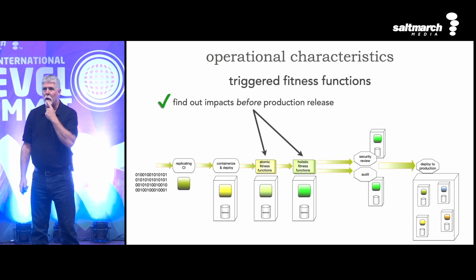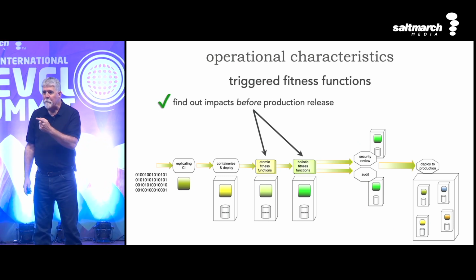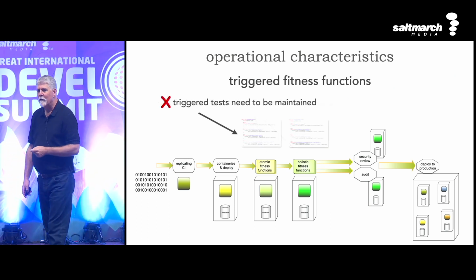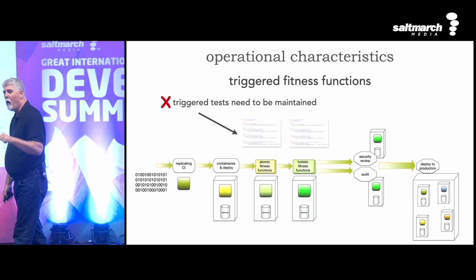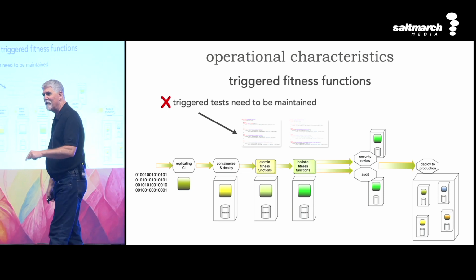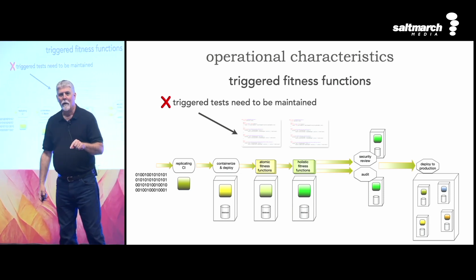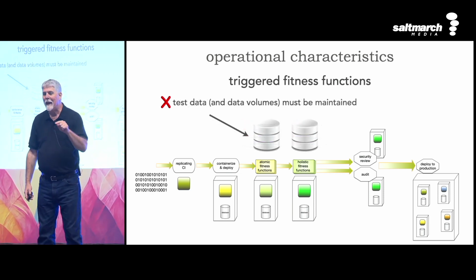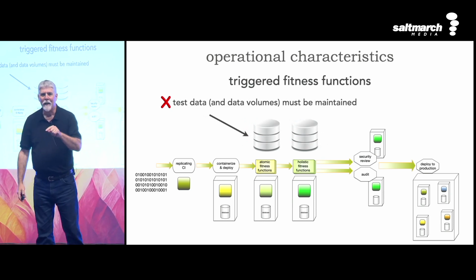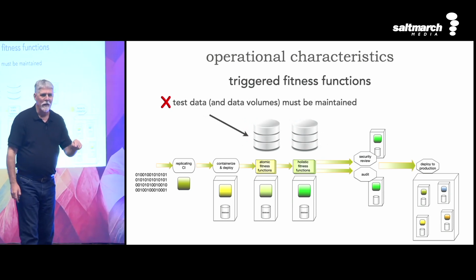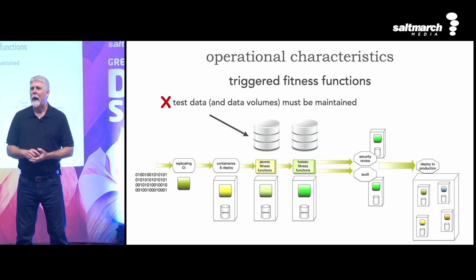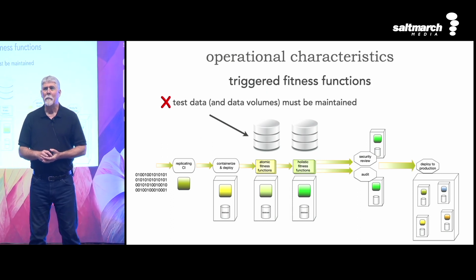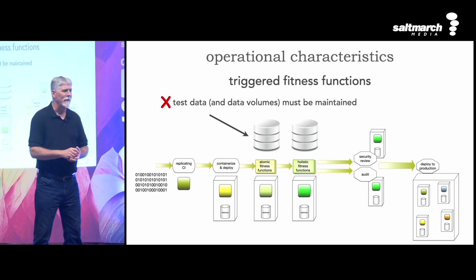That's the good part. The bad part about these is the fact that we have to maintain all of those tests. Worse, we have to maintain all the data used to execute those tests. Who wants to do that? Please, no. That's like a prison sentence.